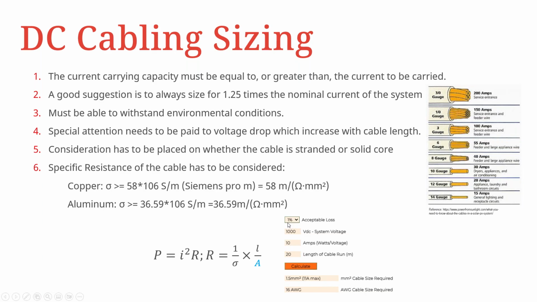Usually it's best to be in the region of 1 to 2%. And then for this particular equation or software, it gives you the cable size required to run the installation of this particular data being inputted here.